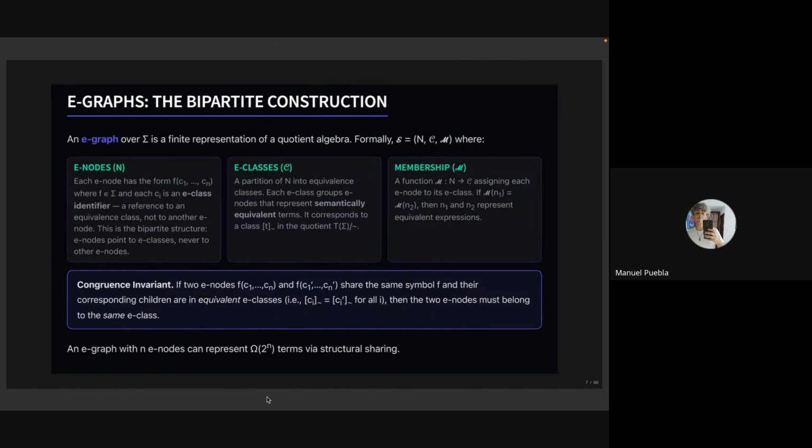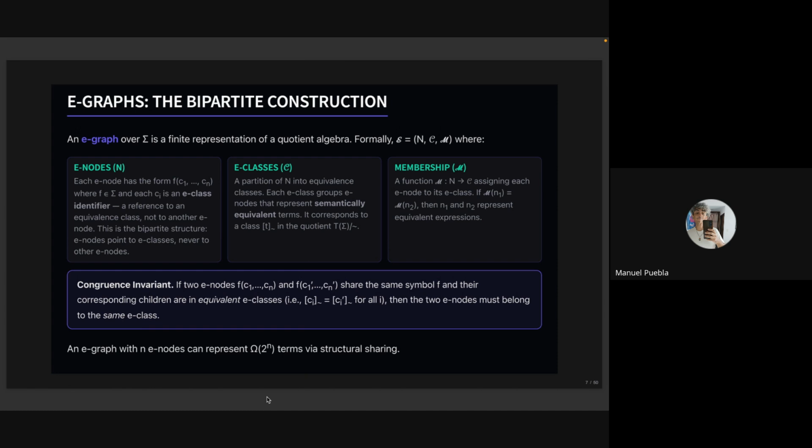And here comes the construction that is central to us, an e-graph. An e-graph is an equality, an equivalence graph. And it is a representation of the quotient algebra. And it has two parts, two sets, and a membership function.